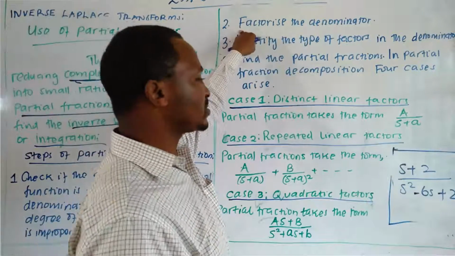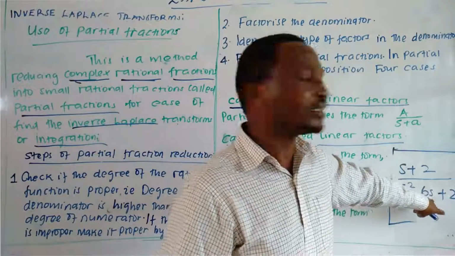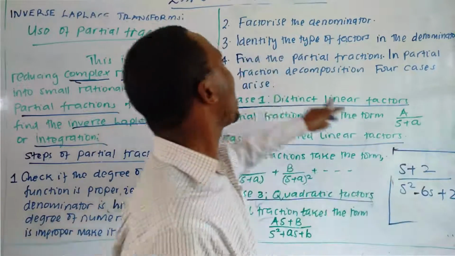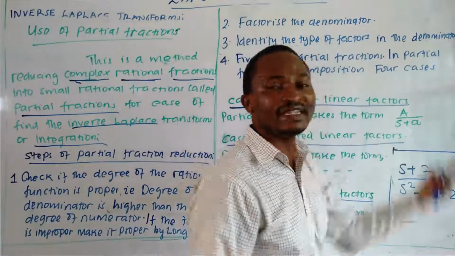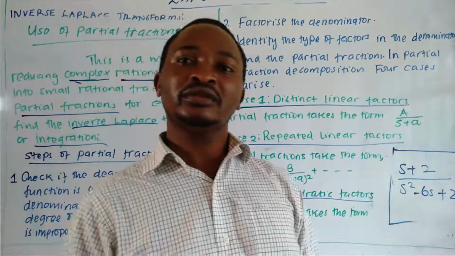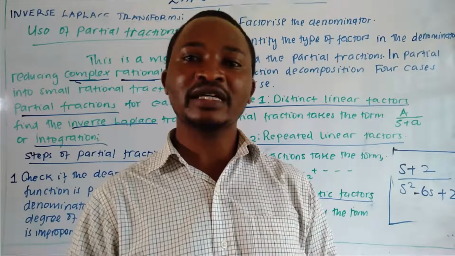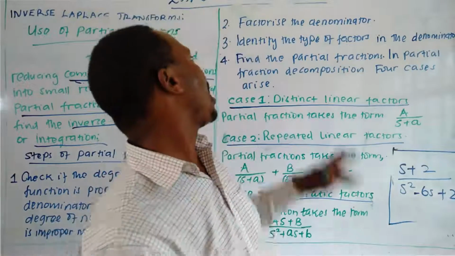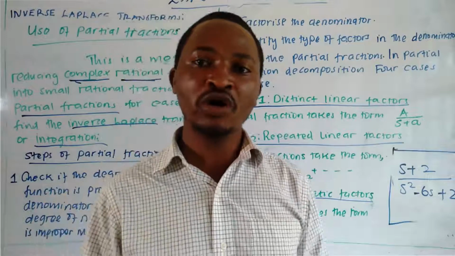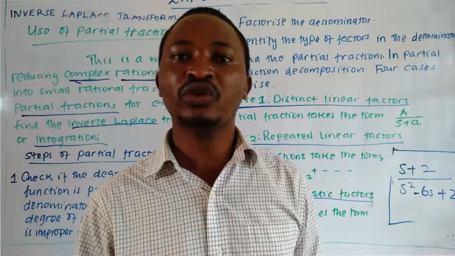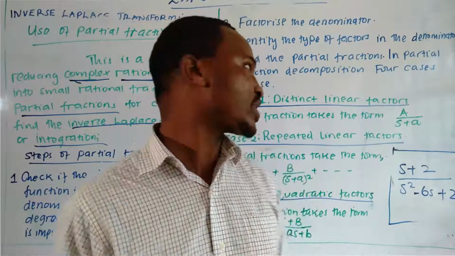The second thing is to factorize the denominator. The third thing is to identify the type of factors in the denominator. Step 4 is finally to find the partial fractions, or to get the partial fraction decomposition of the rational function.